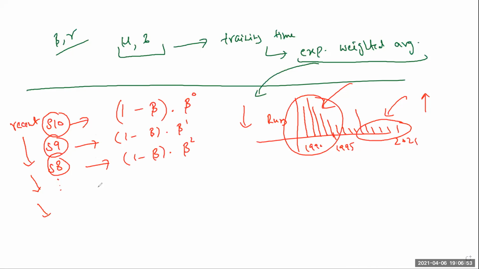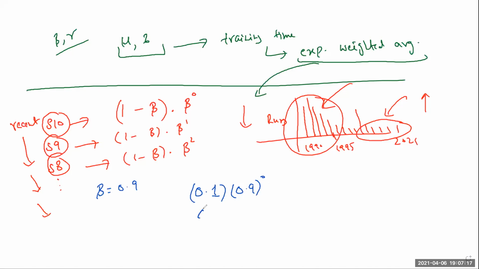Suppose I pick a value of beta, say 0.9. Now, what would be the weight of the most recent performance? 1 minus 0.9, which is 0.1, into 0.9 raised to power 0. So this is the weight of maybe his runs or performance in the recent match.